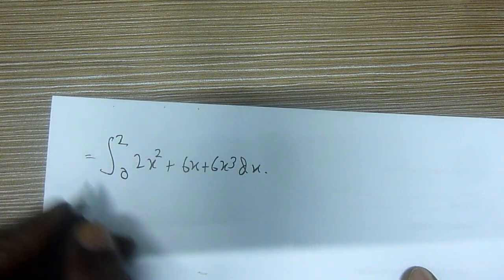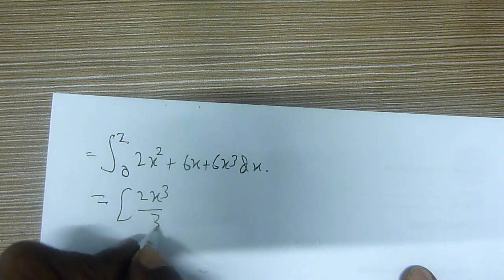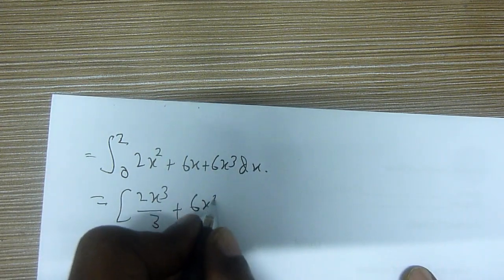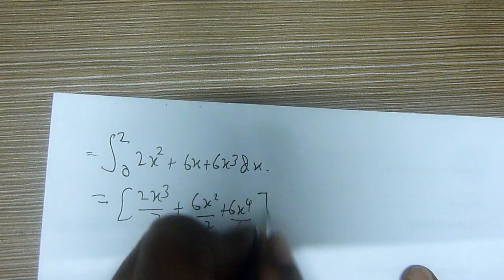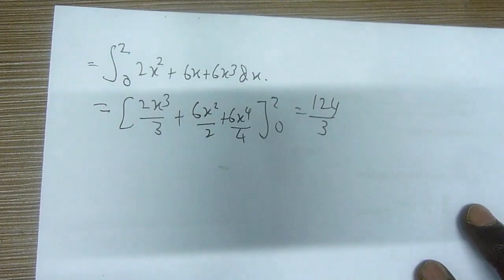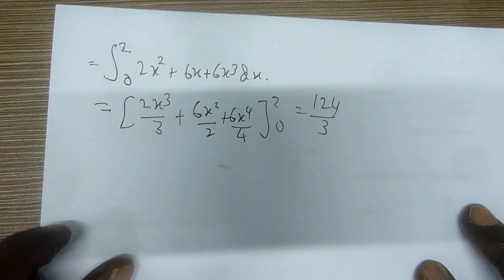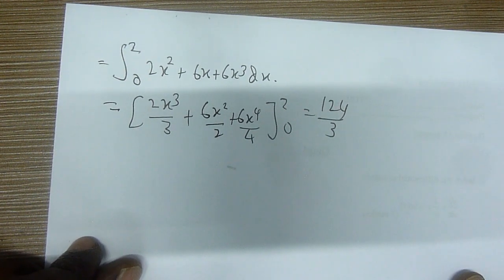Then the expansion of this will give you 2x³, 6x², 6x⁴, from 2 to the 0. I get 124/3. Okay, next time I won't show you this, because I want to focus more on the concept.